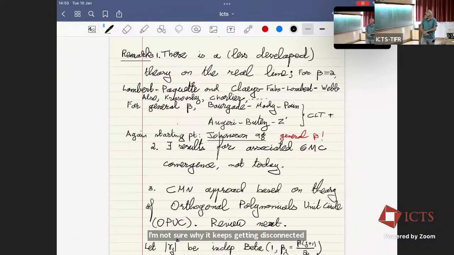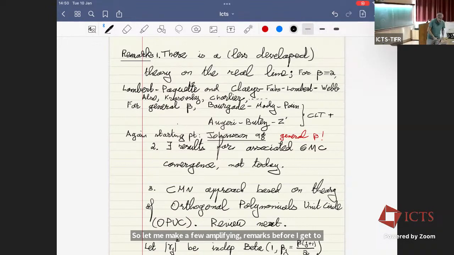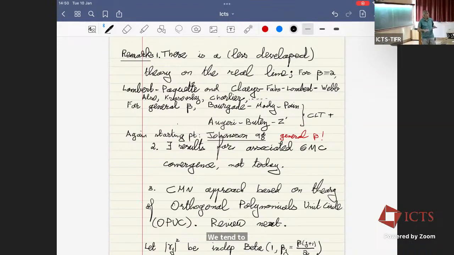Okay, so let me make a few amplifying remarks before I get to more detailed remarks on the method. There is a less developed theory also on the real line, which would correspond in the random matrix world to the case of Hermitian matrices.